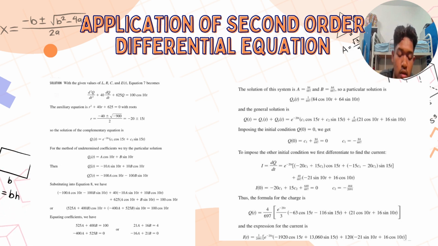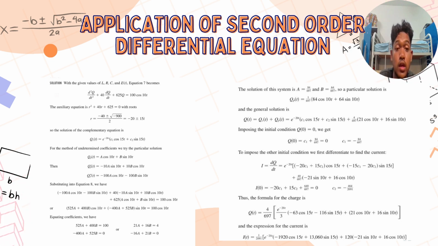Thus the formula for the charge is q(t) equals 4 over 697, in a bracket, e to the negative 20t over 3 times (negative 63 cos 15t minus 116 sin 15t) plus 21 cos 10t plus 16 sin 10t.